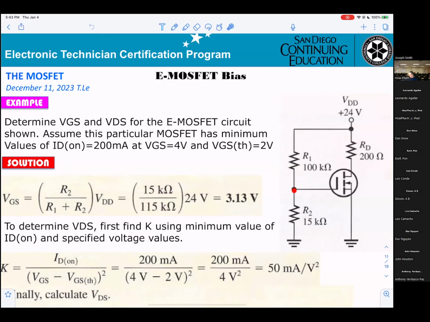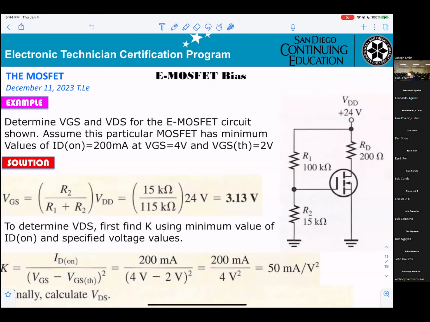Voltage divider, right? You take the 24 volts times R2 divided by R1 plus R2. You get 3.13 volts. You don't have to do the calculation, but in the field they will ask you: if you want to calculate the VGS right here, how can we do it? Then you have to tell them we're using the voltage divider, taking VDD times R2 divided by R1 plus R2. But you know how to calculate it.